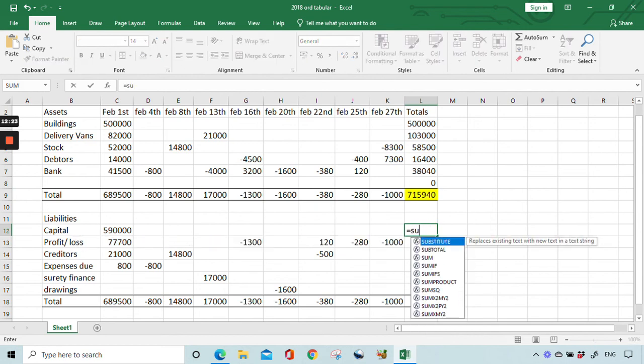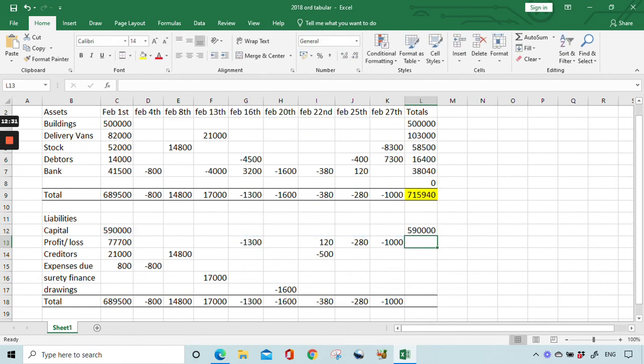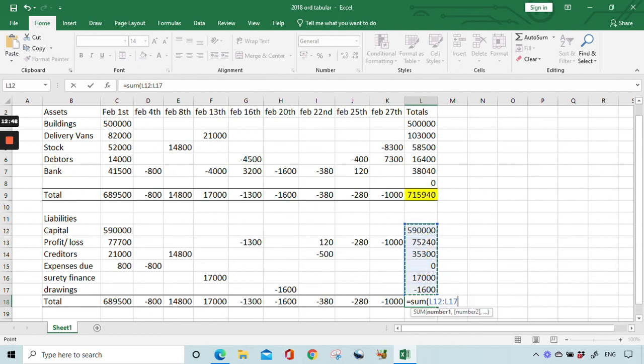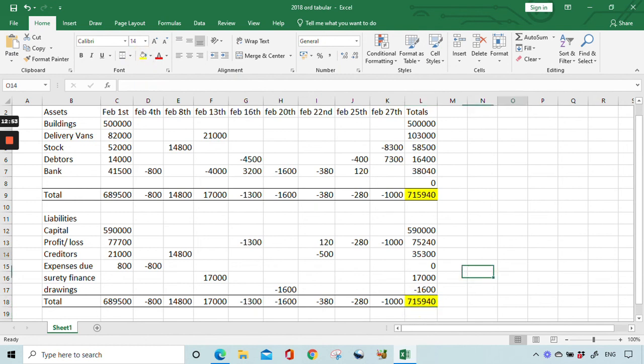You add them all up across the way. I can do it quicker because I'm doing it on computer. Make sure you have a calculator and do it properly. So I add up those, and then add up here, and I get the same answer, 715,940, and that is a question done for 60 marks.